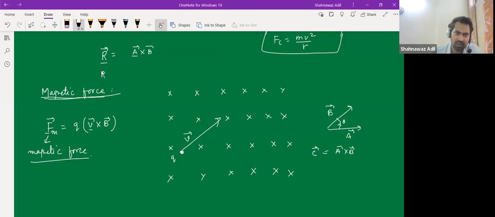So if I calculate I cross J, it will point towards K. So I cross J is equal to K, and the K vector is perpendicular to I as well as perpendicular to J. So this R vector is perpendicular to A, and this R vector is perpendicular to B. This is what I wanted to tell you guys. So is this clear?